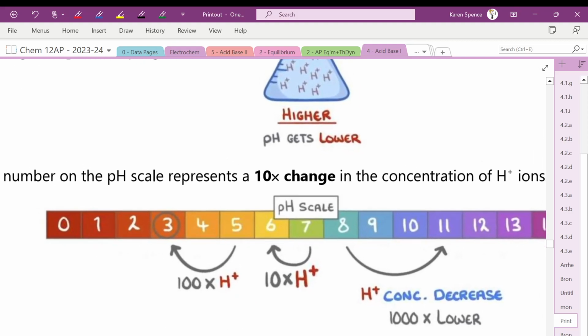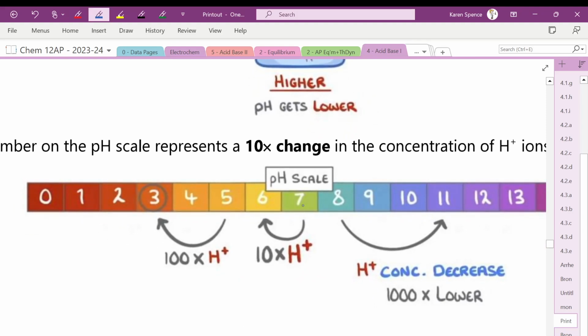Okay? So if you move from a pH 7 to pH 6, the hydrogen ion concentration has actually gotten bigger by a factor of 10. Okay? 10 to the 1, in fact, because we have moved one space over. If our pH goes down by 2 units, so if we go from 5 to 3, our hydrogen ion concentration is actually 100 times higher.